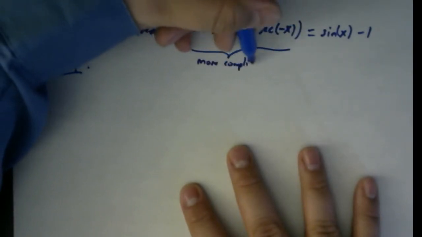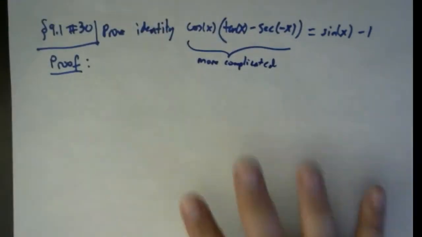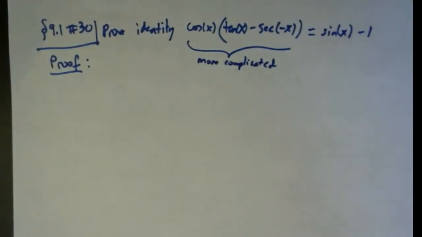What side's more complicated, and people may disagree, but I think it's pretty clear that this side is more complicated here. Okay. Now we'll have many more examples of identities in the next few sections, so I'm not going to do a lot of examples today, but this will be sort of a persistent feature of the next few sections. So in this case, how do we do this? Now, what you do not want to do is write both sides down and try to do stuff to both sides.